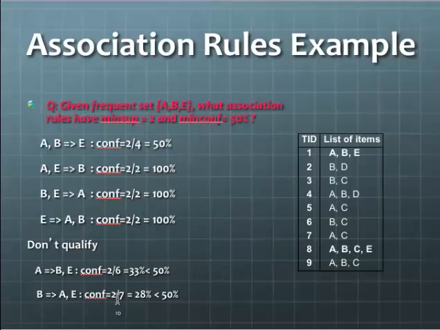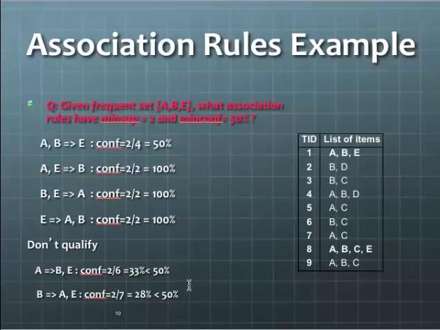While for the rule from A to B and E, when we calculate the count of A in the dataset, we find that A exists in transaction 1, transaction 4, transaction 5, transaction 7, transaction 8, and transaction 9. So A appears 6 times in this dataset.